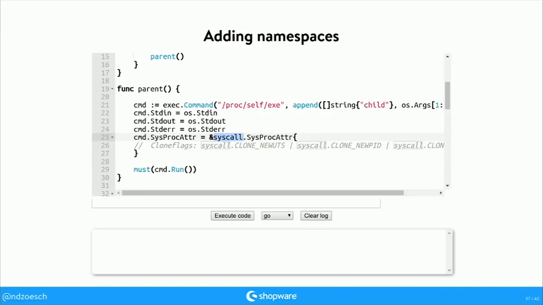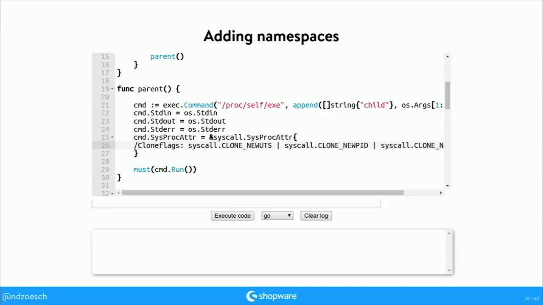The SysProcAttr sets attributes on a process I'm about to run. And what we're doing here is the nice part. If you take anything away from this talk, it's basically that.